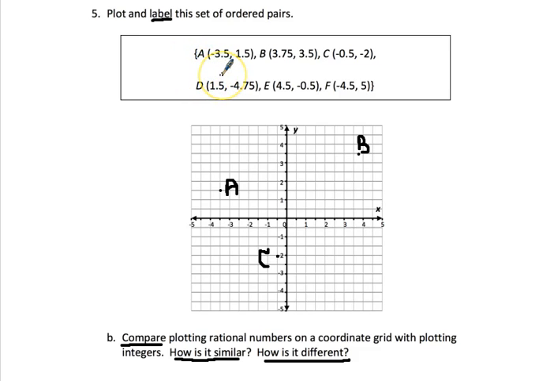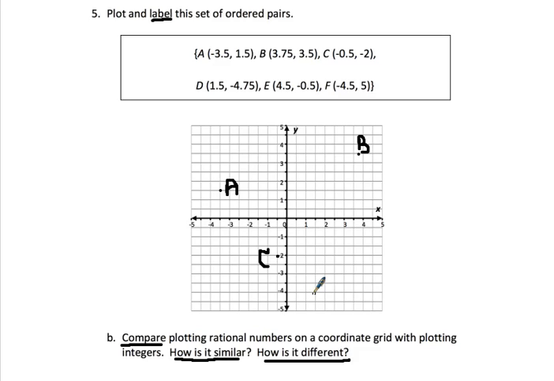D is 1 and 5/10, and y is -4 and 75/100. So I'm first going to go to 0. I'm going to find 1 and 5/10, or 1.5. And now I need to go down to -4 and 75/100.